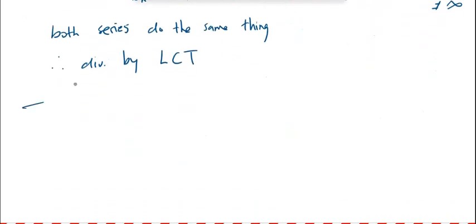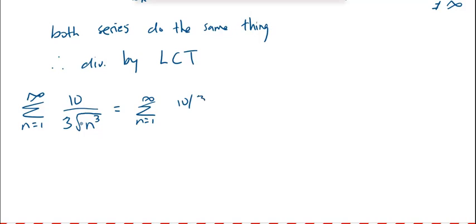Let's go with the sum from n equals 1 to infinity of 10 over 3, I'm going to write this as the square root of n cubed. You should say to yourself, hopefully, it looks like a p-series, but I have to rewrite it. So the sum from n equals 1 to infinity, I'm going to write the 10/3 in the top, and write the n with a fractional exponent.